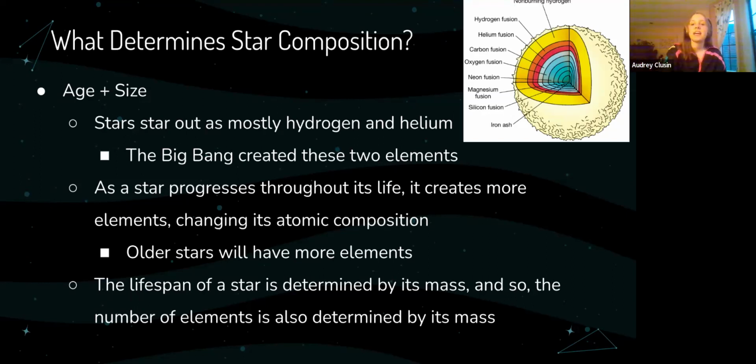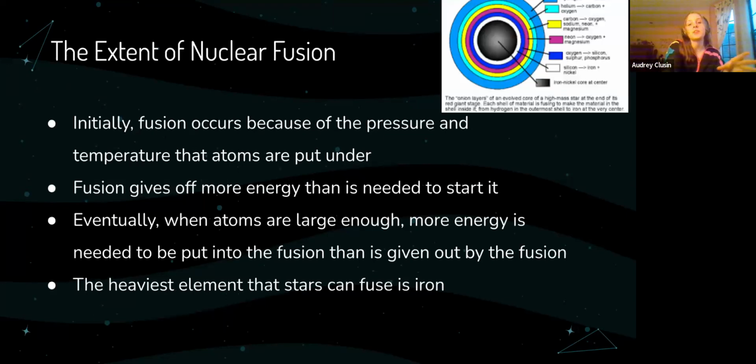Anyways, so nuclear fusion occurs because of the pressure and temperature that atoms are put under. But once you get to a certain point on the periodic table, it actually takes more energy to start nuclear fusion than you actually get out of it.